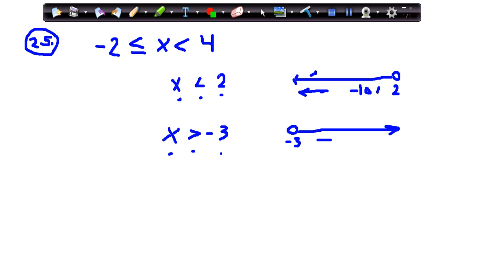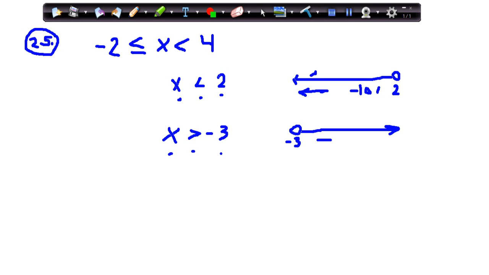If it would have said x is greater than or equal to -3, what would we have? A closed dot. But it didn't say that. It says x is greater than. Therefore, we have an open dot because -3 is not included.